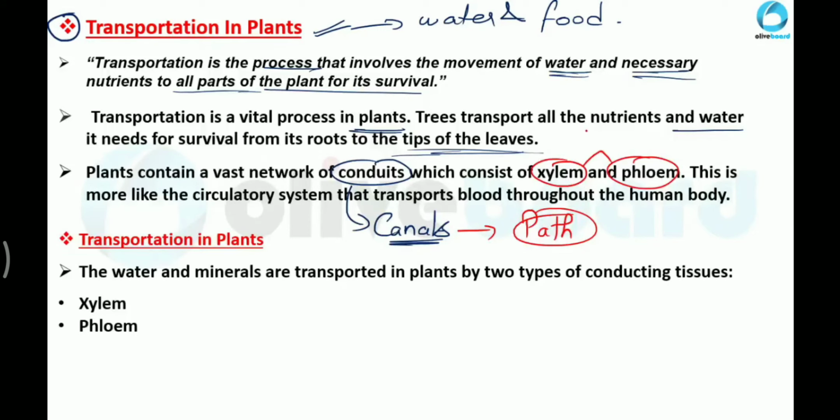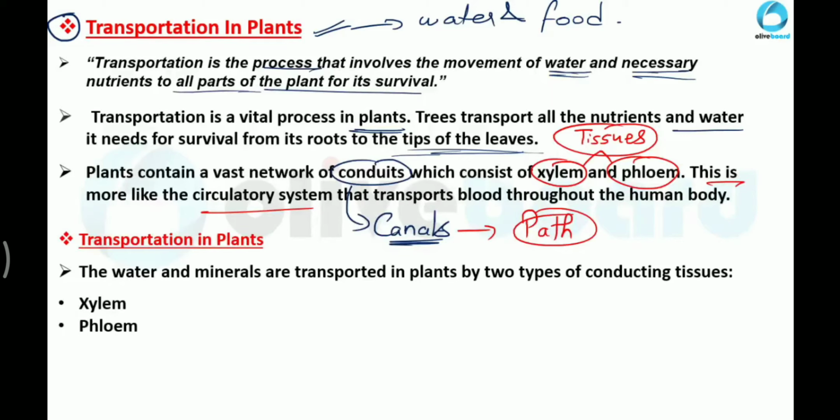Basically they are connecting tissues. What are xylem and phloem? They are more like the circulatory system that transports blood throughout the human body. In our human body, veins are present, and there is a big circulatory system, in which our heart and veins come in, and with the help of that, flow of blood takes place throughout our body.